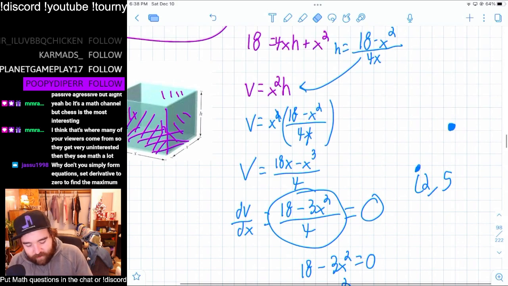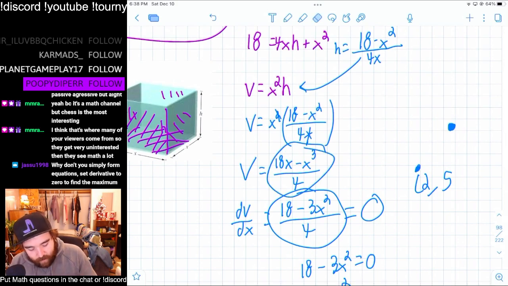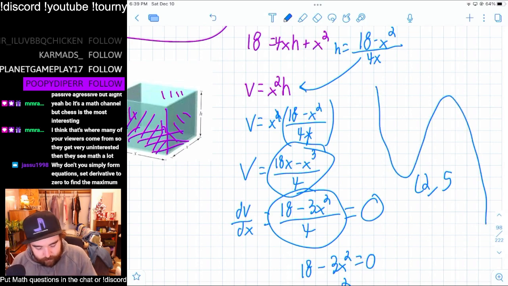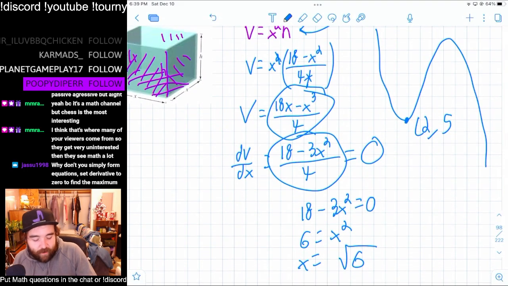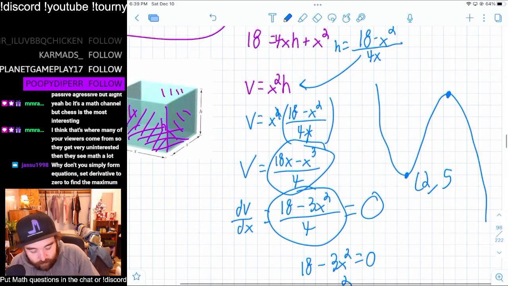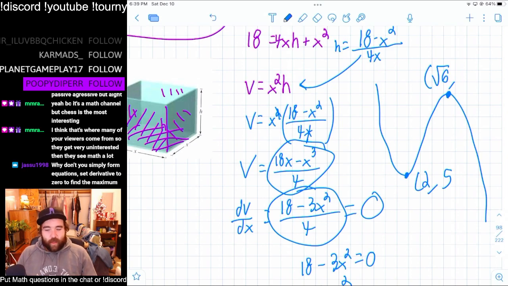We're more looking at this x cubed type of equation, and it's going to look something like this. So this is that negative root 6 that we just found, but in reality that doesn't make any sense because you can't have negative side lengths. That's the positive root 6 that we just found. So that's what x has to be to maximize the volume: the square root of 6.